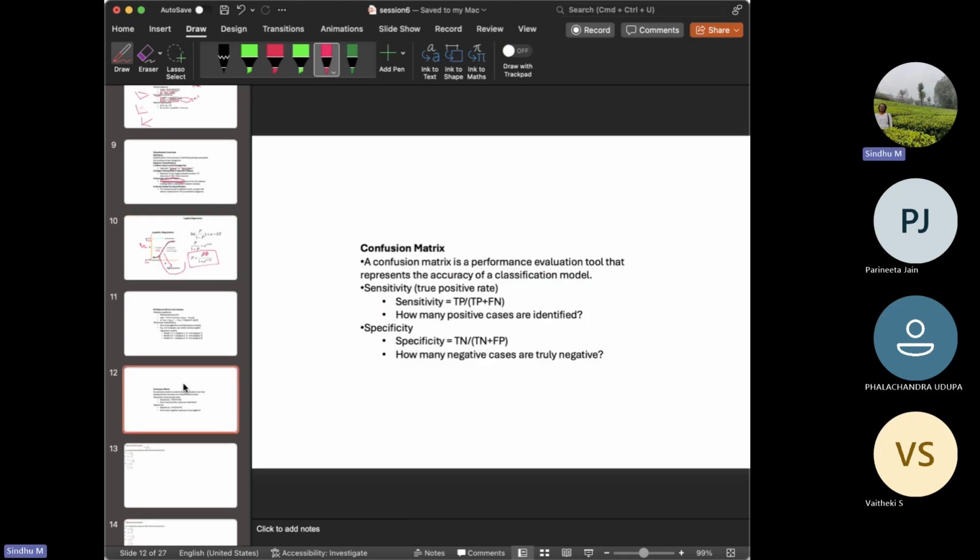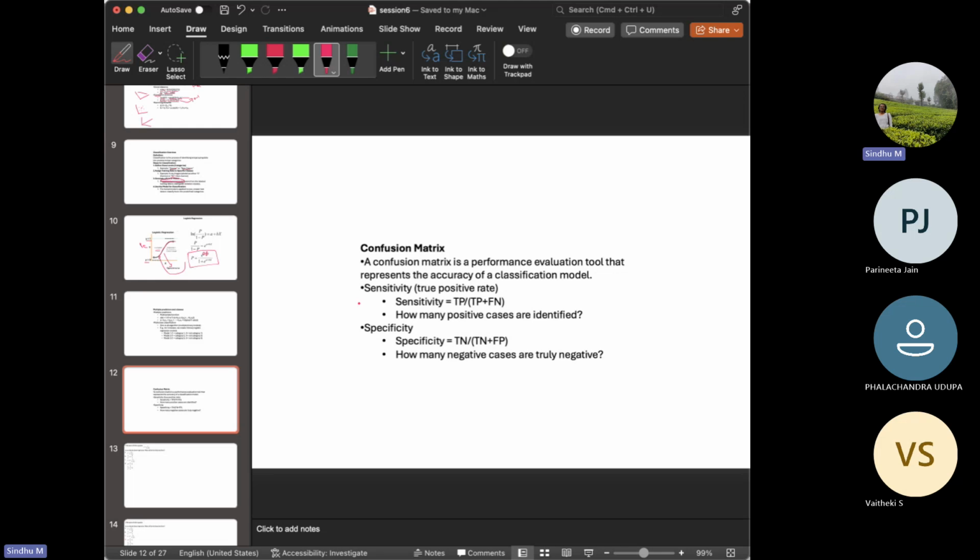Finally, once you have the model ready and it is classifying your data, maybe you are giving some input images, and the model has to classify whether it is a cat or a non-cat. Then you have to measure how well your model performs.